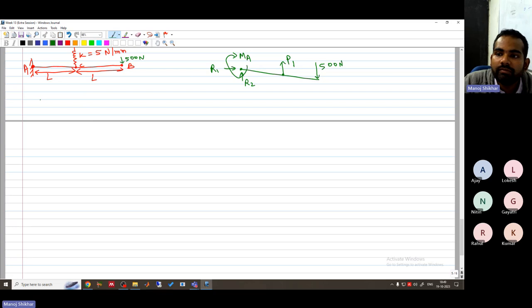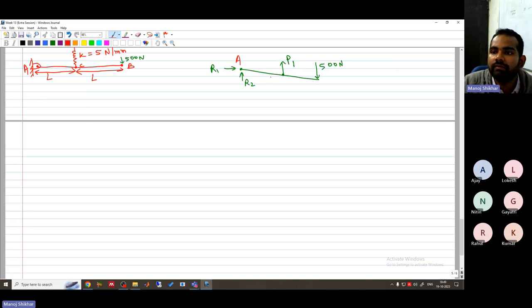So we can do the moment balance about point A. And here actually this is the pin joint. So pin joint will not offer any moment. So this is wrong. Here, this is a pin joint, so only reactions are there.